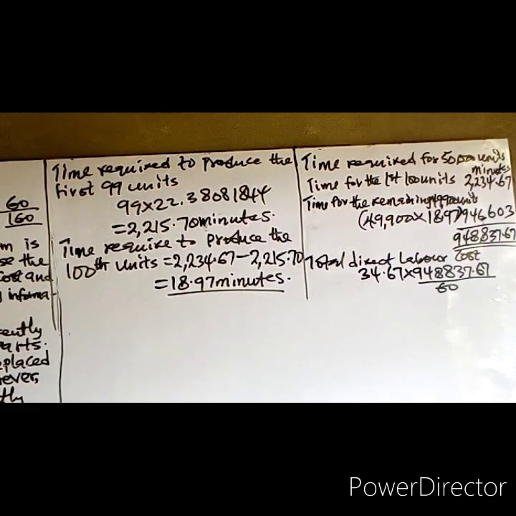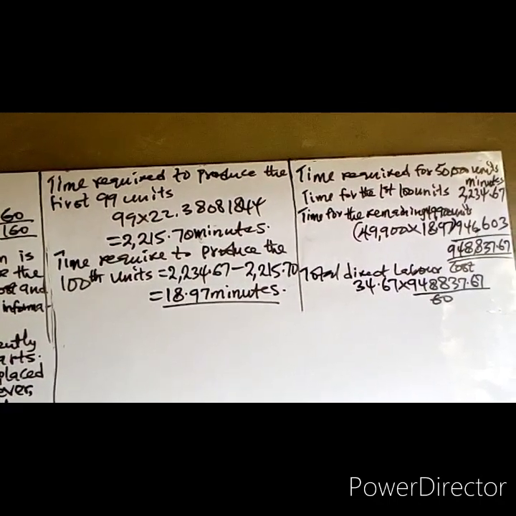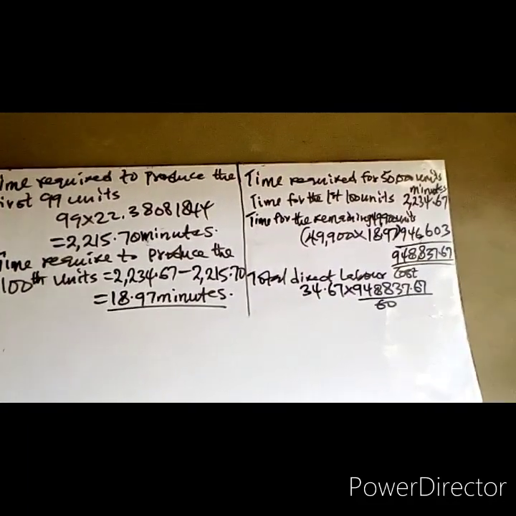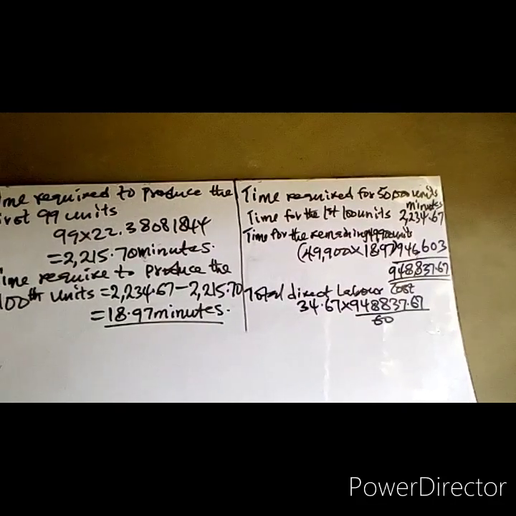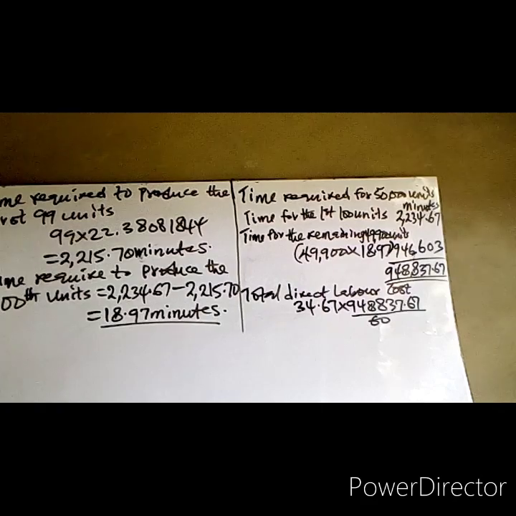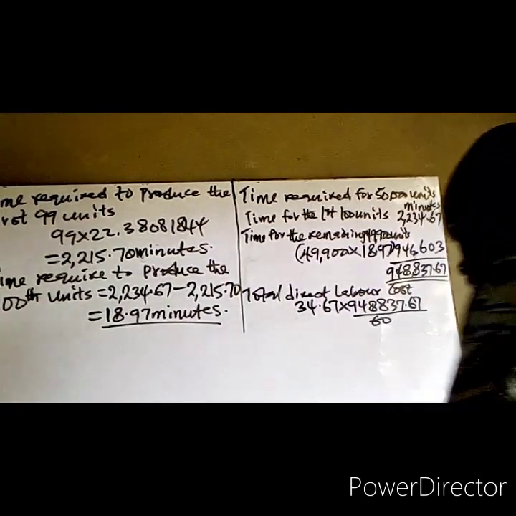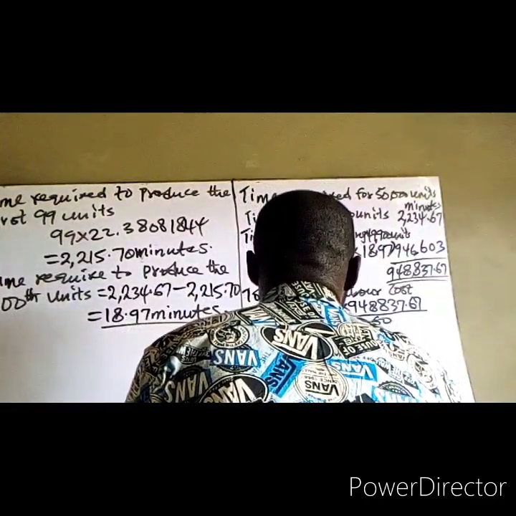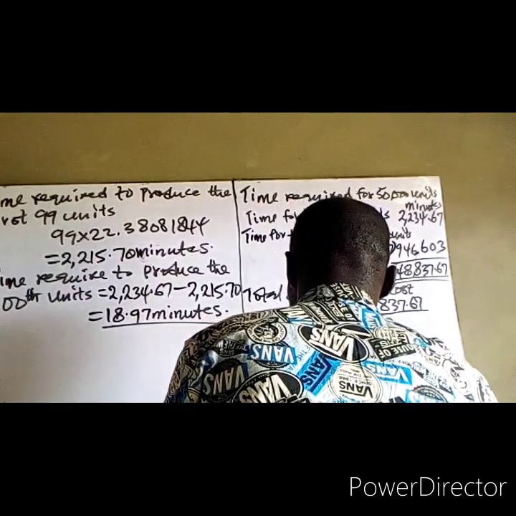So 34.67 times 948,837.67 divided by 60 minutes will give us 548,270.03. That is the total direct labor cost.